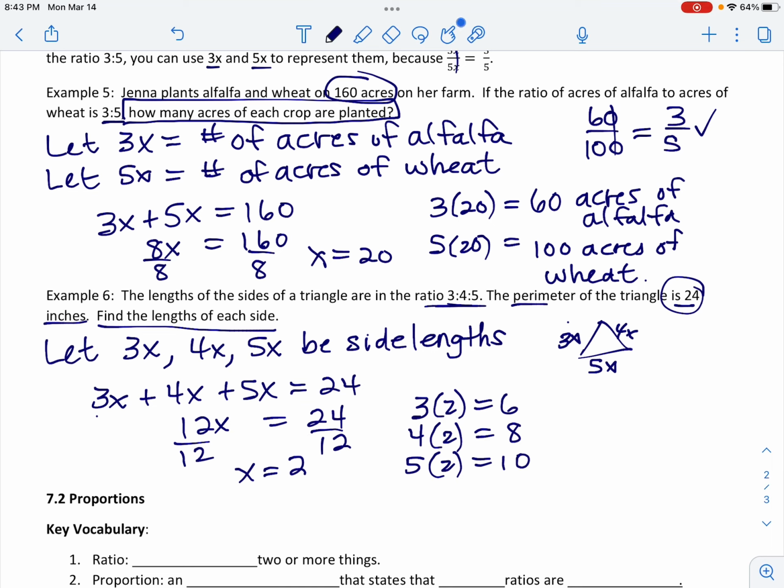When you look at the ratio 3, 4, 5 as opposed to 6, 8, 10, is that equivalent? If we divide each of those by 2, because we multiplied them by 2, we still get back to 3, 4, 5. So it is an equivalent ratio. Okay?